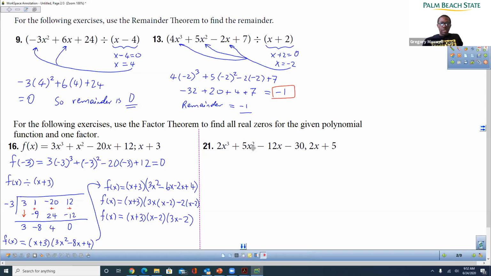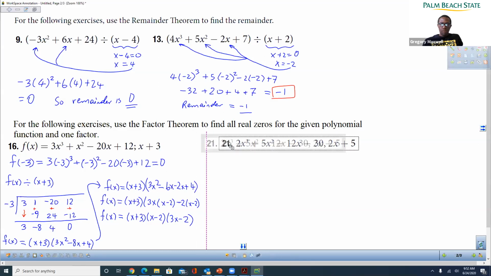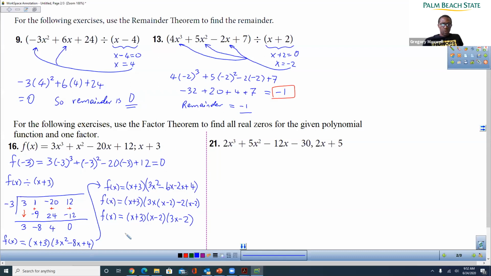So based on what I just did here, what are my zeros? What are all my real zeros of this polynomial? Negative 3, positive 2, and positive 2/3. That's correct. Do we have any other zeros?